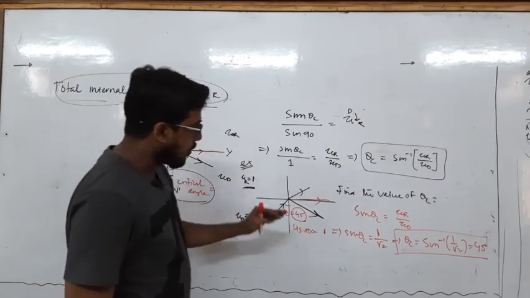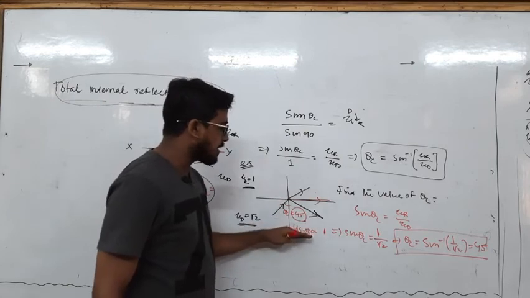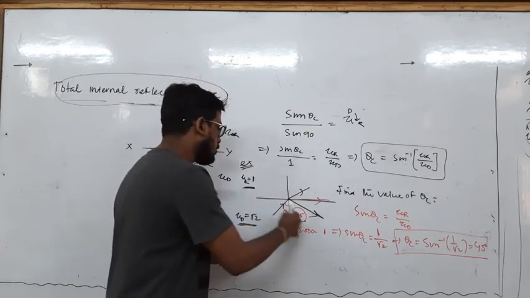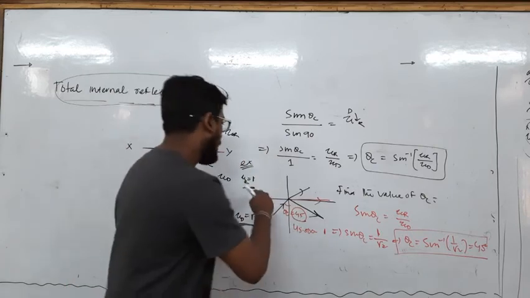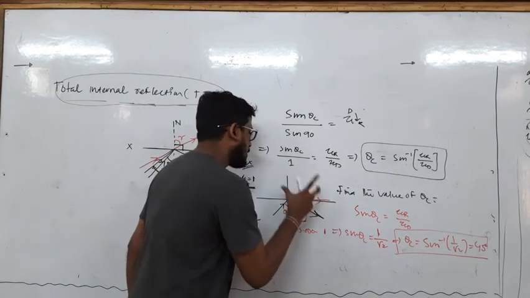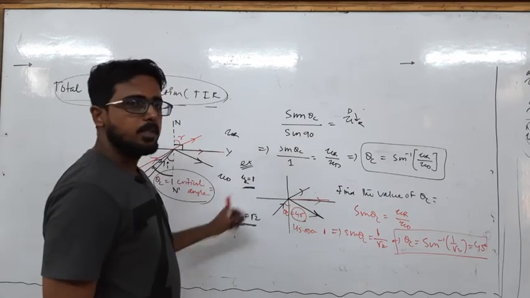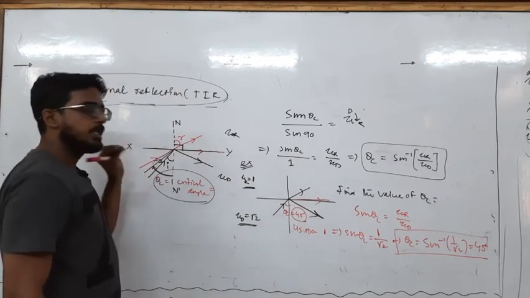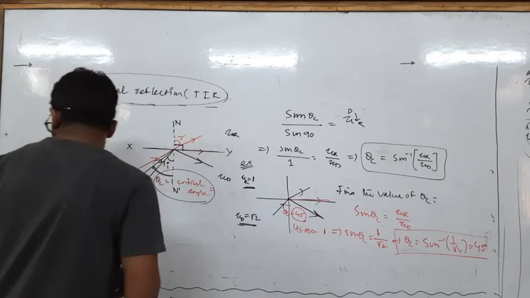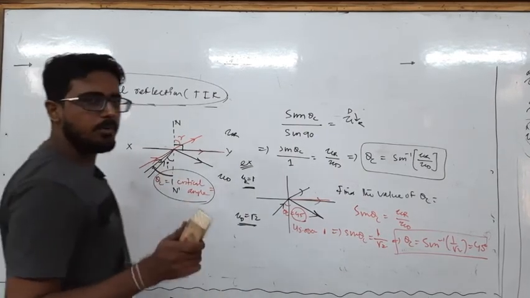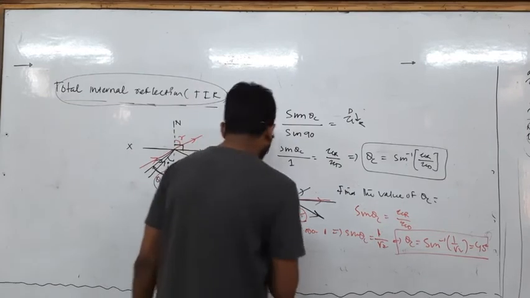So at that verge, when the angle of incidence increases just beyond the critical angle, total internal reflection takes place and the interface behaves as a reflecting surface. This phenomenon is known as total internal reflection. Clear?